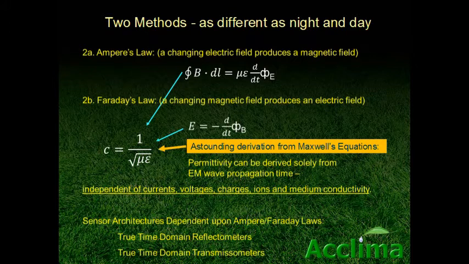Permeability is a constant in soils. Permittivity can then be derived by measuring the propagation time of an electromagnetic wave through the soil. This measurement is not dependent upon field geometry and is not a measurement of any current, voltage, charge, or field. It is only a time measurement.